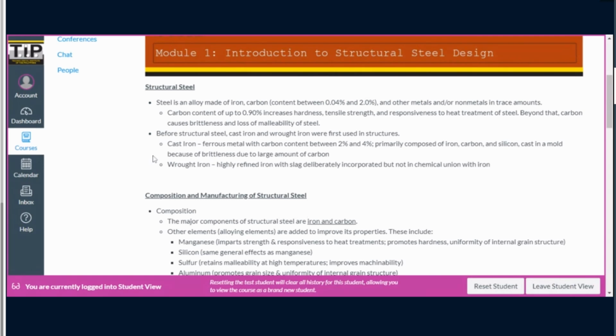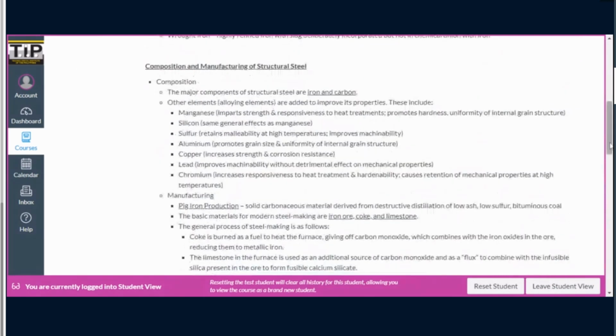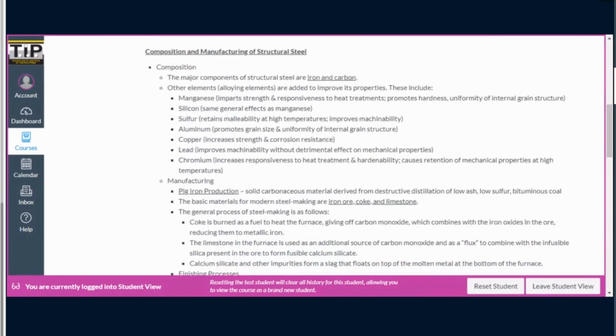Okay. So what is the main composition of structural steel? The main components of structural steel are just two, iron and carbon. The rest are trace metals or non-metals. So other elements are added to improve the properties of the steel.